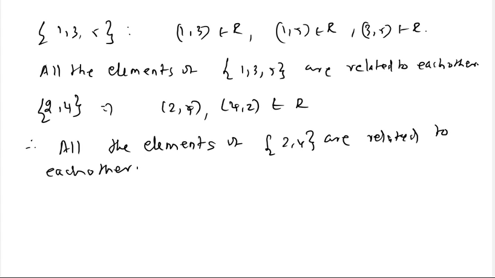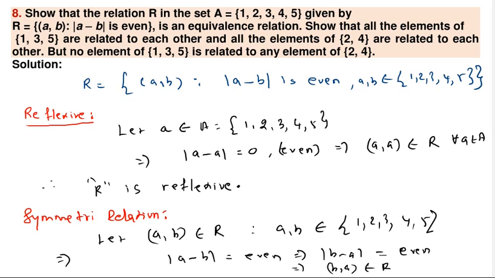And there is one more. The set is given as {1, 3, 5} and {2, 4}.